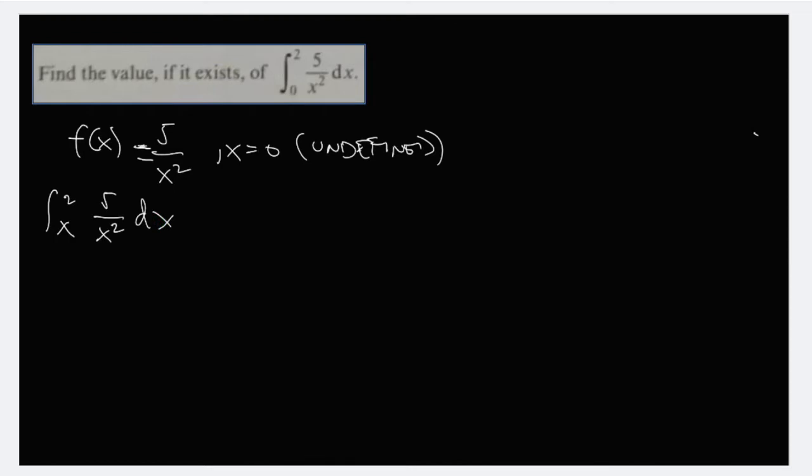Let's proceed. Let's try to integrate now. But before that, we need to rewrite this one first. This will be from x to 2 of 5x raised to negative 2. So we're going to integrate x raised to negative 2, so that will be negative 2 plus 1, which gives us negative 1.